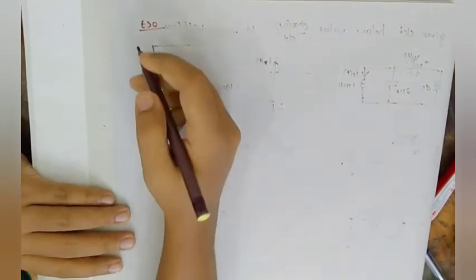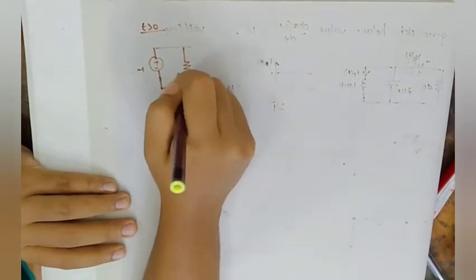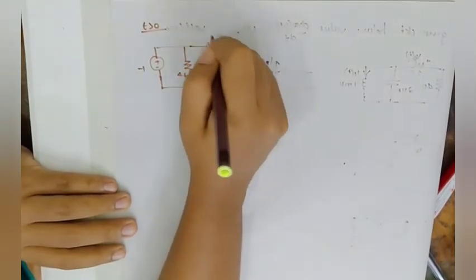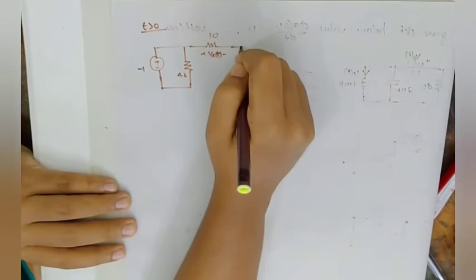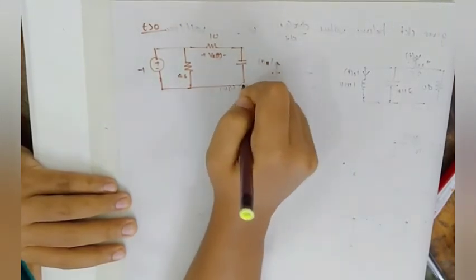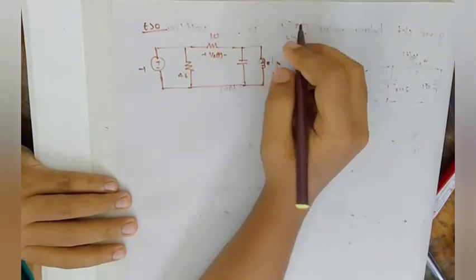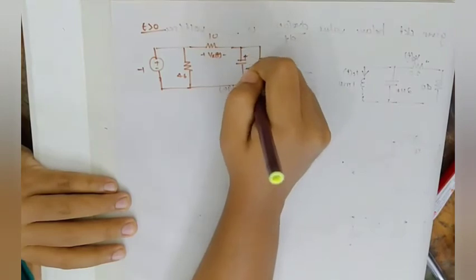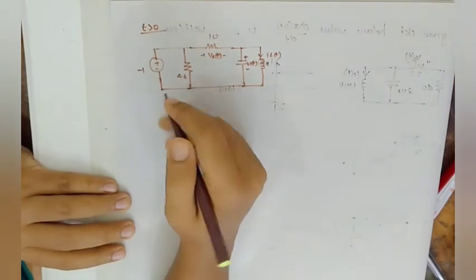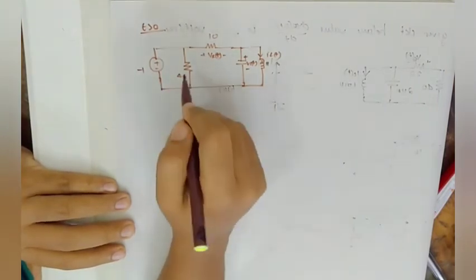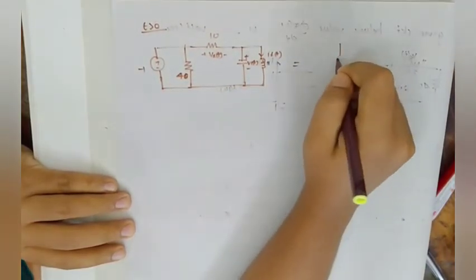It will be minus 1 parallel to the 40 ohm resistor, and then there is our 10 ohm, where VR of t is, and again there will be a capacitor, which will be acting normal now, and so will be the inductor. So this is Vc of t and this is IL of t. So I can use a source transformation over here.